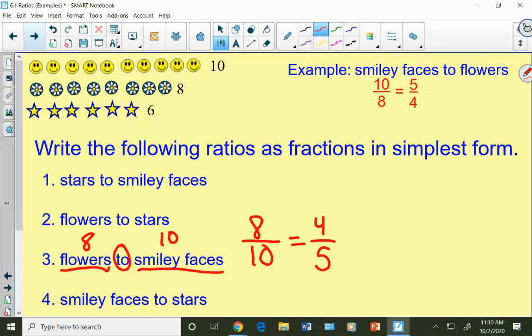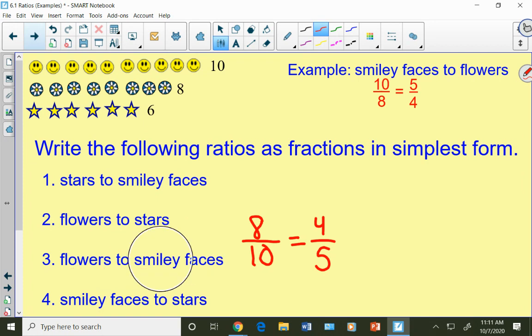In other words, up there at the top, for every 8 flowers, there's 10 smileys. Well, for every 4 flowers, there are 5 smileys. So 4 to 5 is equal to 8 to 10.